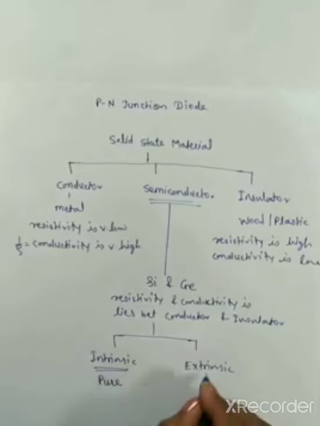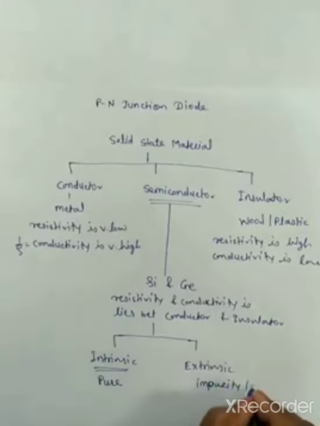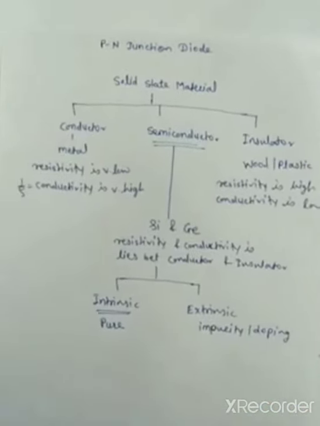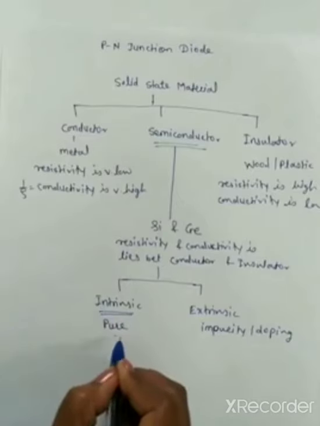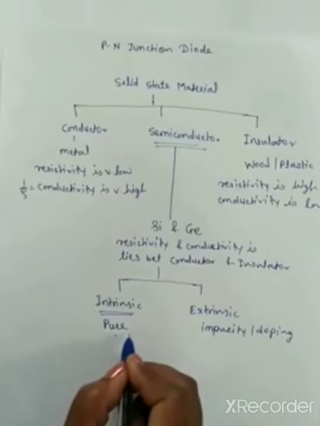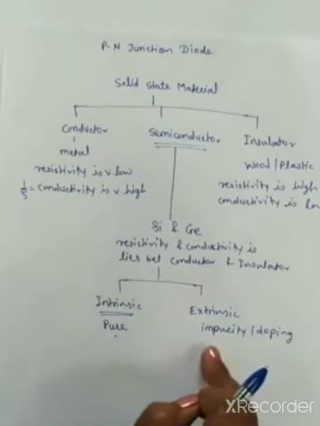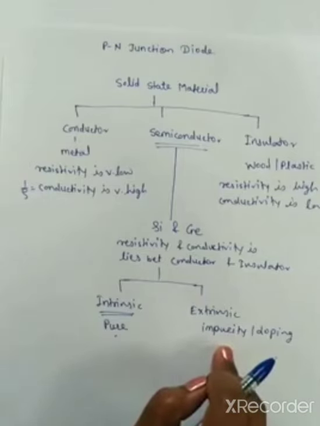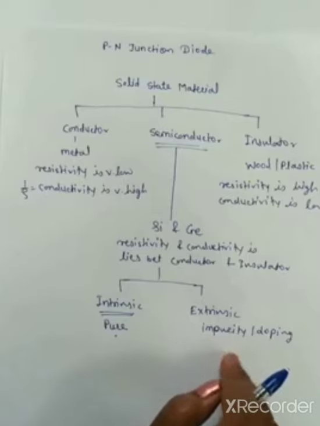And in extrinsic semiconductor, if we add impurity, or we can say doping, in the semiconductor, it is called an extrinsic semiconductor. The electrical conductivity of intrinsic semiconductor is a function of temperature alone, whereas the electrical conductivity of extrinsic semiconductor depends upon the temperature as well as on the impurity atom doped in the structure.